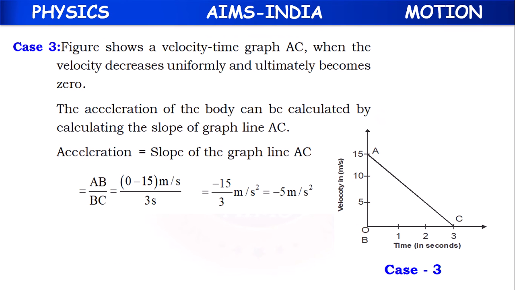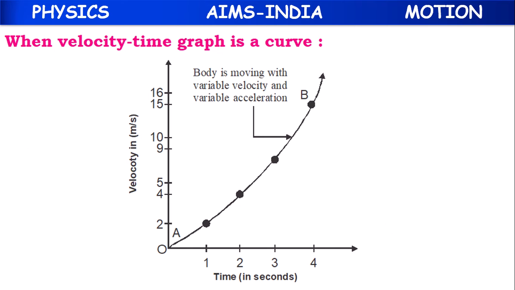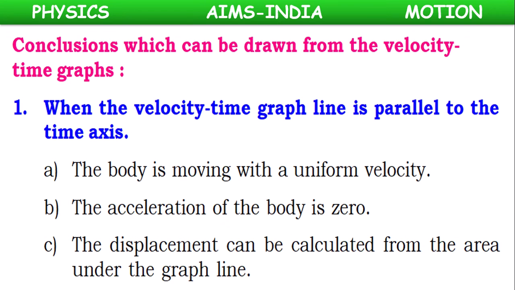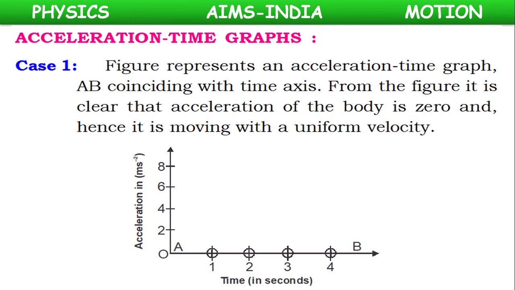And when the velocity is decreasing, in that case also we calculated slope and area. When the velocity time graph is a curve, that we have studied, and some conclusions. Next, today's topic is acceleration time graphs.